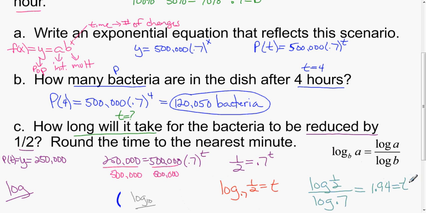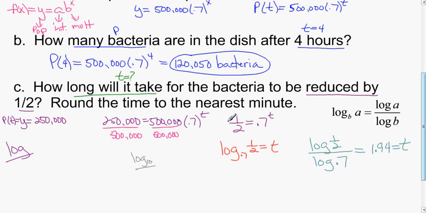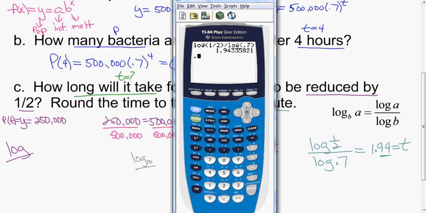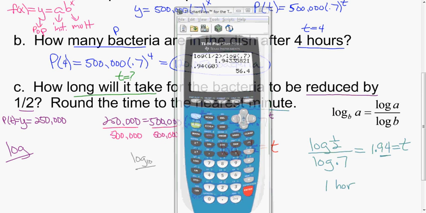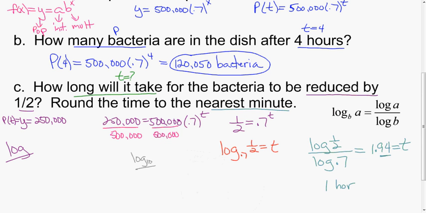This is my time in hours, but if you notice, it says round to the nearest minute. So I'm going to have to convert the fraction of an hour to minutes, and to do that, I just say 0.94 times 60. It's going to come to 56.4 minutes, so to the nearest minute, it's going to be 1 hour and 56 minutes. Excuse me, I spelled hour wrong.